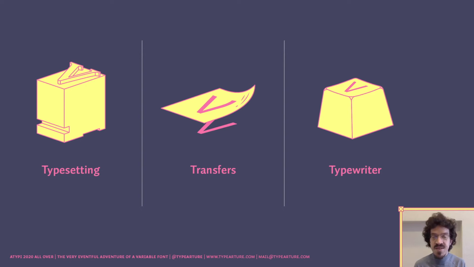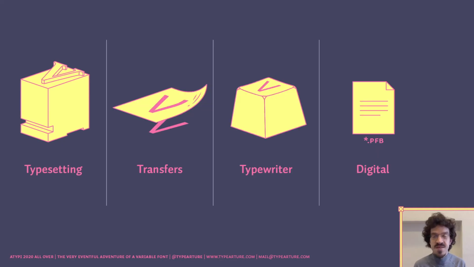Or did you have a high-tech typewriter in which you could actually swap typefaces? Those things weren't very mainstream. So we were happy that we now have digital font files in which people can have hundreds or thousands of typefaces on their computer and use just the one that they want.